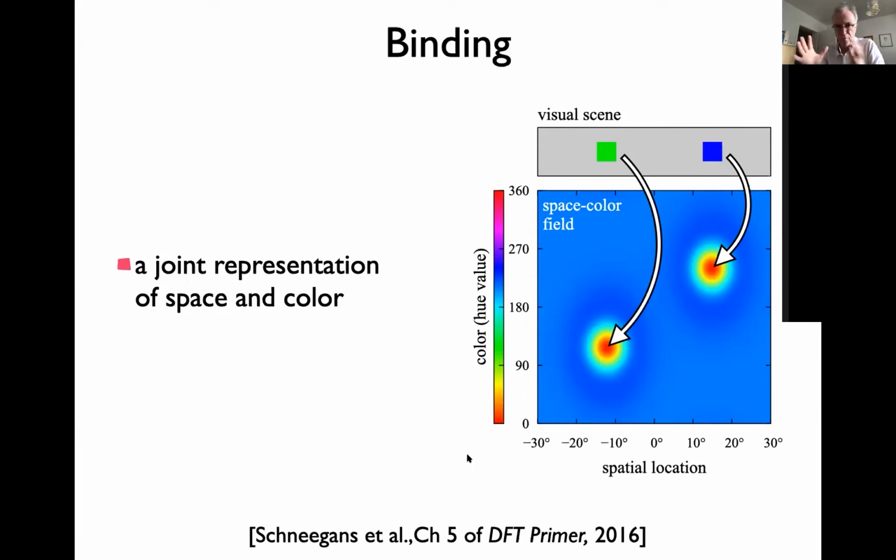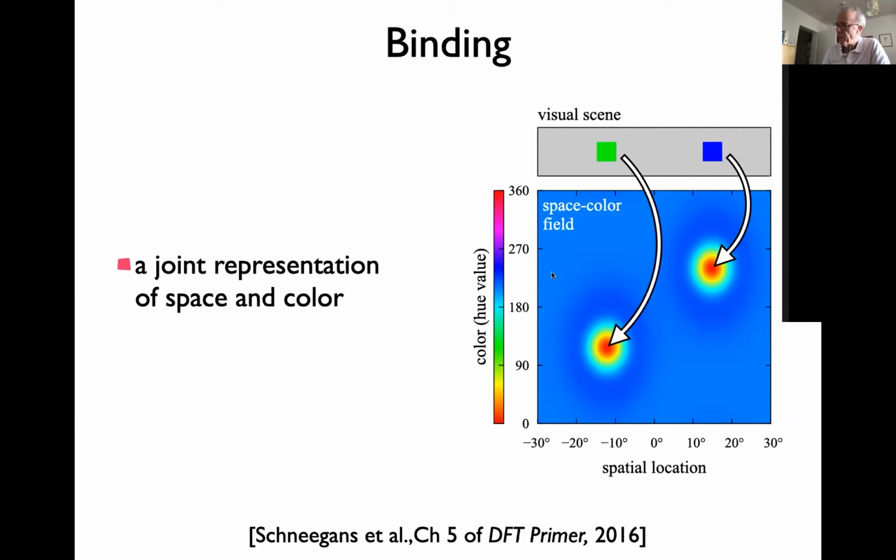So they have a receptive field. That means they're tuned to space. They only respond in a certain spatial region. And they're also tuned to orientation. So they're representing both of these dimensions, right? So we talk about these being bound, and you will see why we even use that jargon. So they're represented jointly.